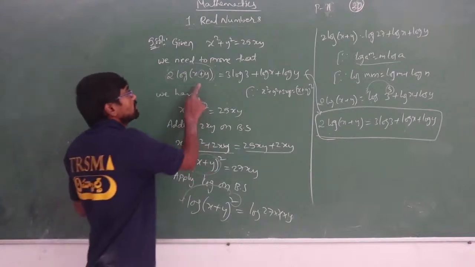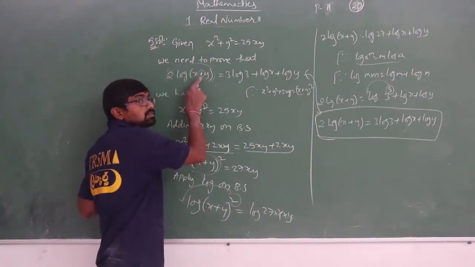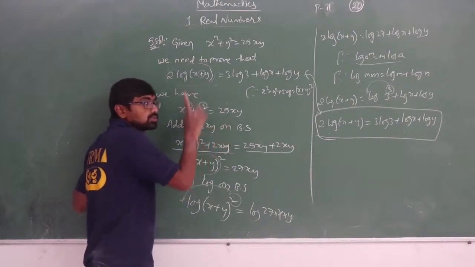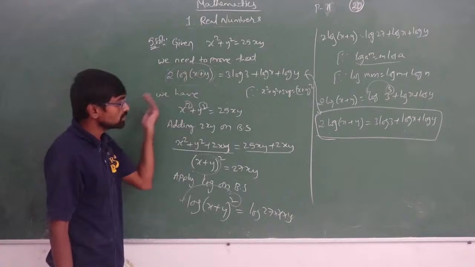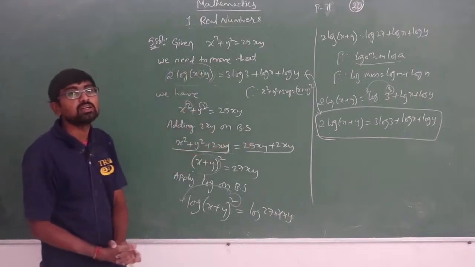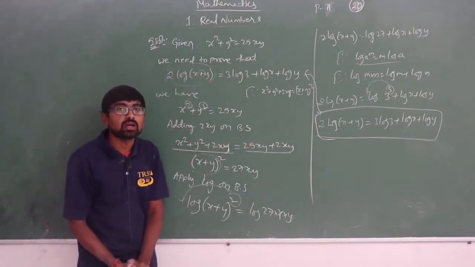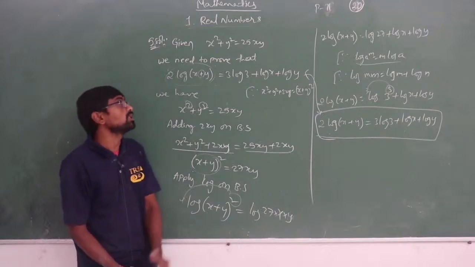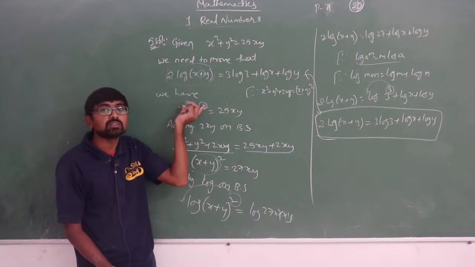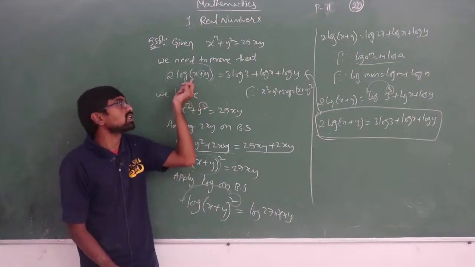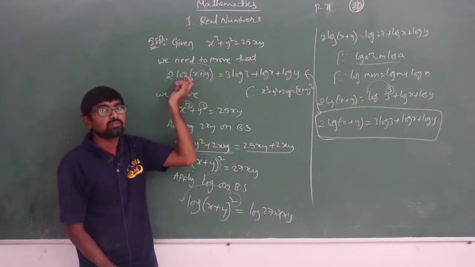Remember one thing, if we have an addition symbol, then we add 2xy on both sides. If we have a subtraction symbol here, then you will subtract 2xy on both sides. Why are we doing so? Because these two terms with the same single power should be converted into a single term of logarithm.